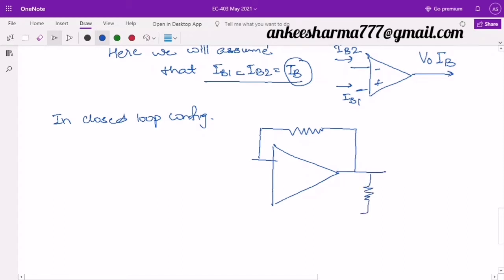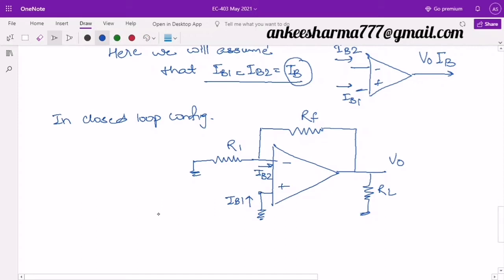Let this be a resistor RL across which we are going to take an output. This one was RF. This is R1, connected to ground. This is negative, this is positive, and this is also connected to ground because we are not applying any input, but the bias currents are there: this IB2, this IB1.